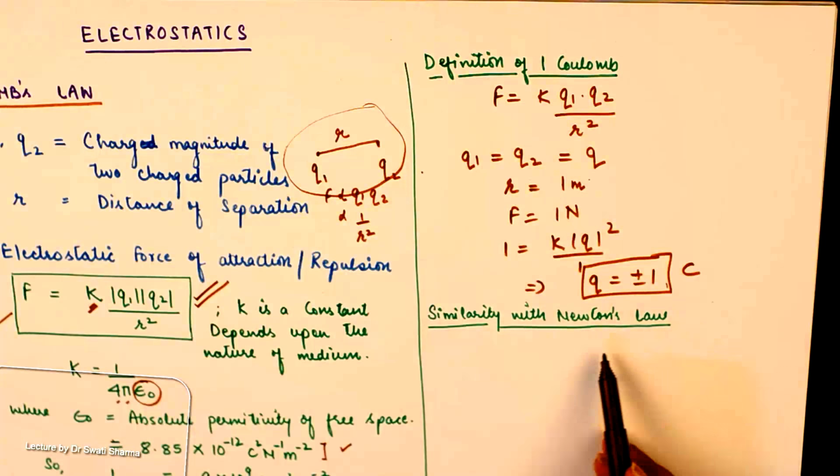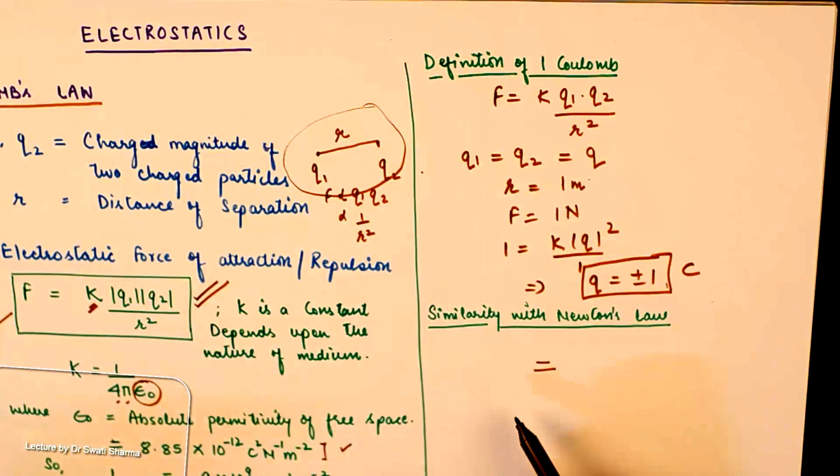And the similarity with Newton's law, I've just discussed it here: the comparison between the electrostatic force of attraction and repulsion and the gravitational force of attraction. It follows the same inverse square law.